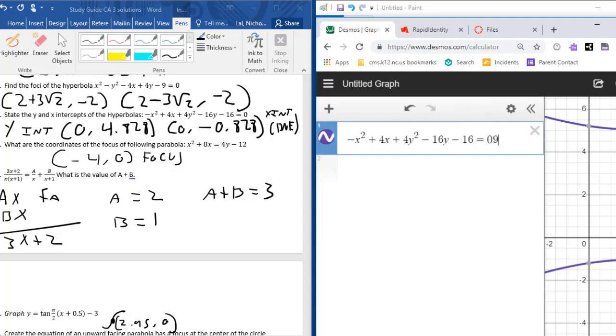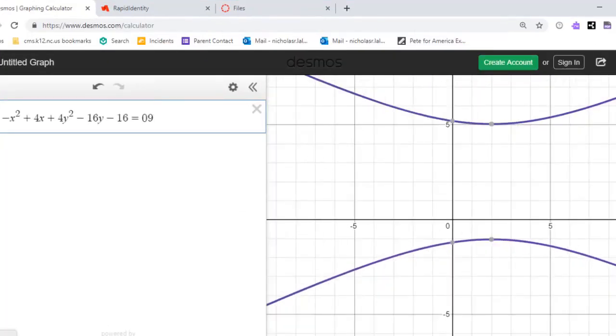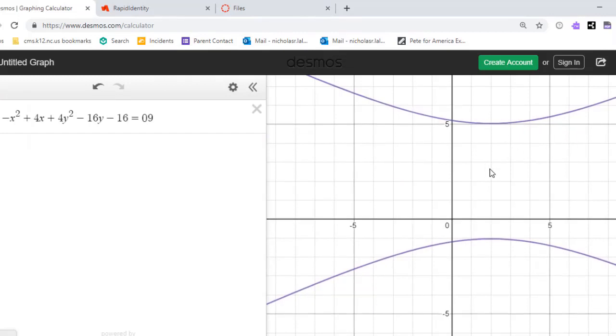And this shows us our hyperbola. If we want to find the x-intercepts, we can see that there are none. This hyperbola does not intercept the x-axis. So we can write DNE for x-intercepts. But for our y-intercepts, the great thing about the graphing calculator is it just shows you what they are.